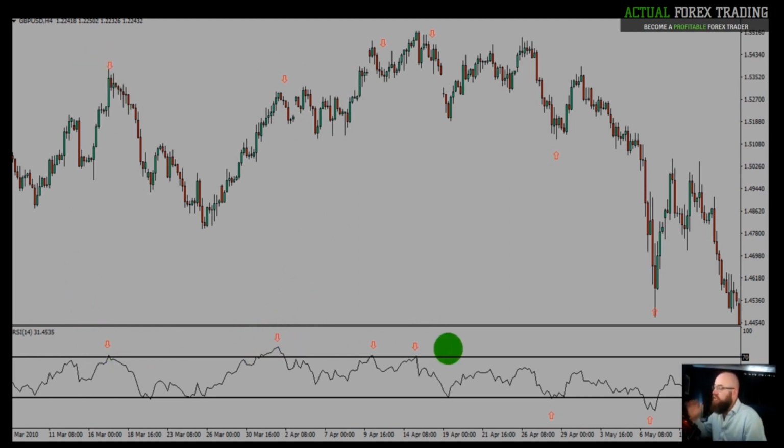Now, something I haven't mentioned in this course is you're not meant to just trade these signals. You're never meant to trade indicators. The signals that an indicator provides is not meant to be traded. A trader does not look at an indicator and buy or sell based on what an indicator is telling them.